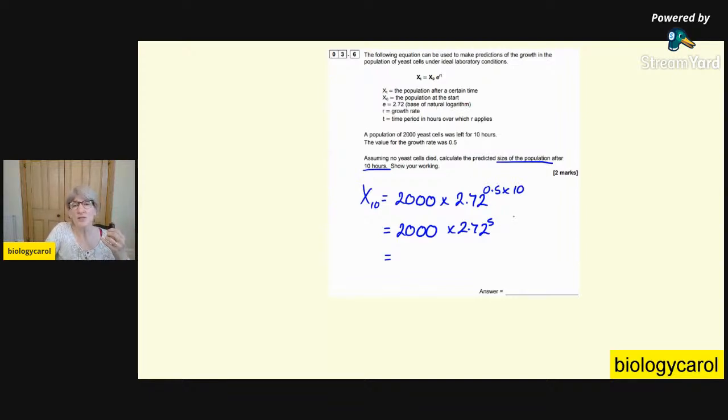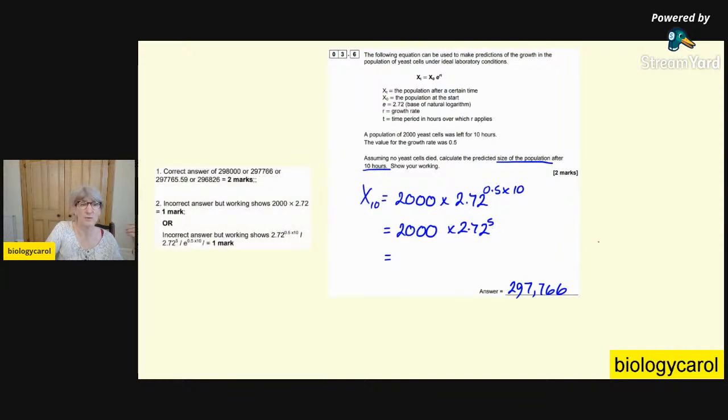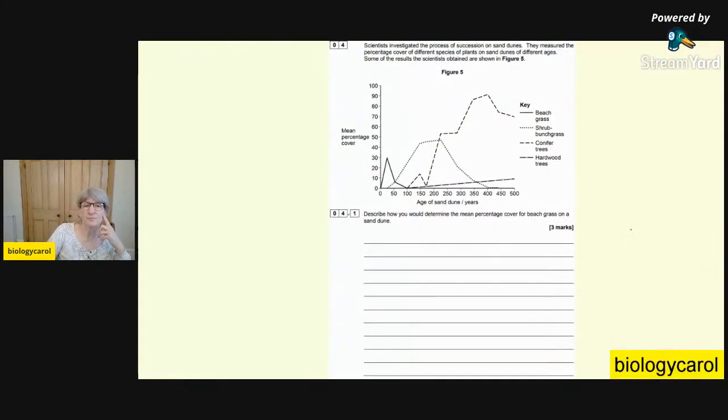And then to the power of r, growth rate, we're told it's 0.5, times t, which is 10 hours. So 2.72 to the power of 5, times 2,000, gets you to this number. All of this I just put into a calculator. Clearly wasn't going to do it in my head. If you got the right number, you got 2 marks, as always. Incorrect answer, but you got somewhere, you got 1 mark. Fair enough.